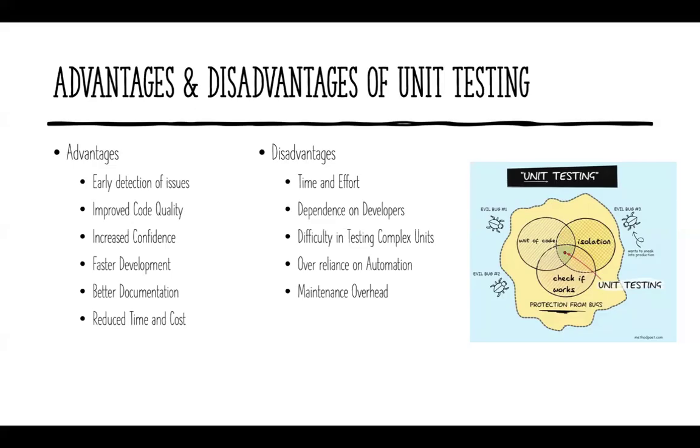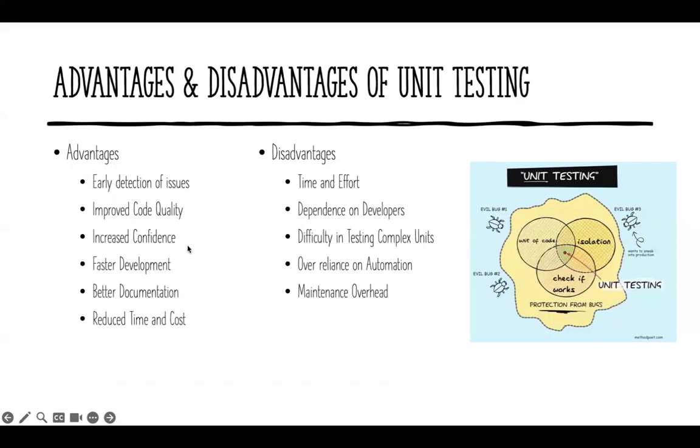It can also provide improved code quality. Unit testing helps to ensure that each unit of code works as intended and meets the requirements, improving the overall quality of the software. As a combination of these two, you can see that by adopting early detection in our software development, we can improve the quality of our code.